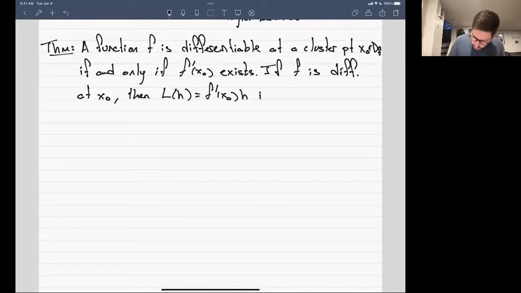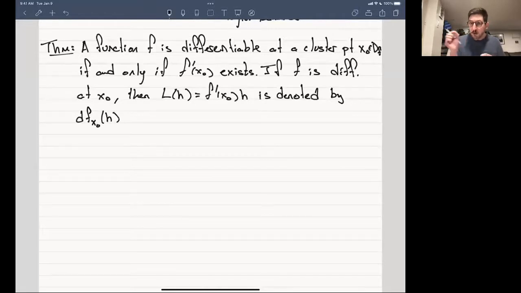And this is denoted by, we write, so again, this is sort of getting us into a little bit more abstract mathematics, df sub x0 of h. So the d stands for derivative, f is the function you're considering, x0 is the point you're at, and of course h is your sort of moving around x0.